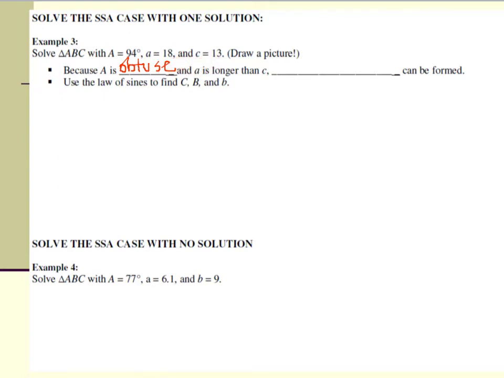Okay, these are across from each other. Since that's true, one triangle can be formed. And we're going to use the law of sines to find C, side C, angle C, angle B, and side B.